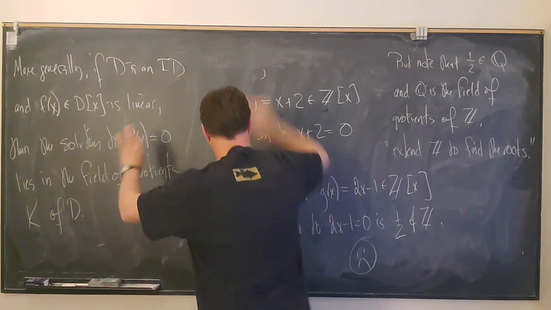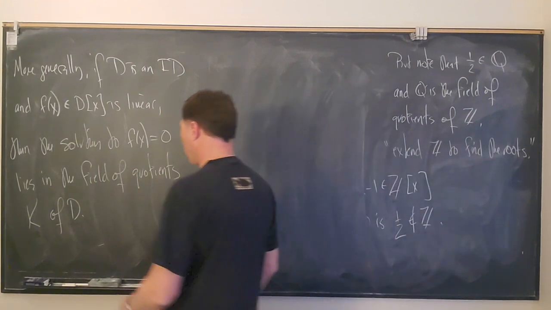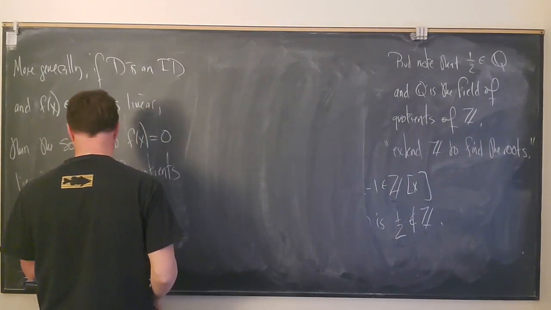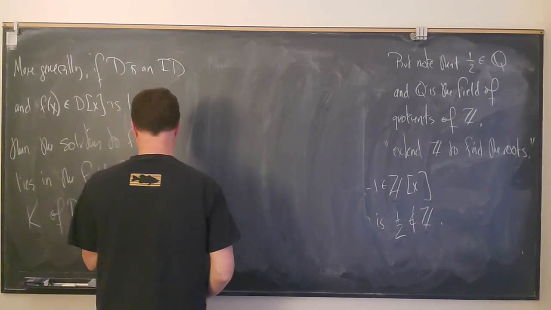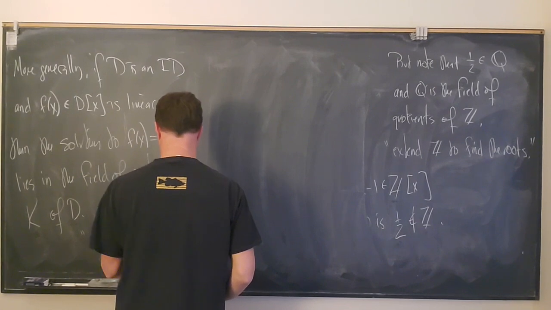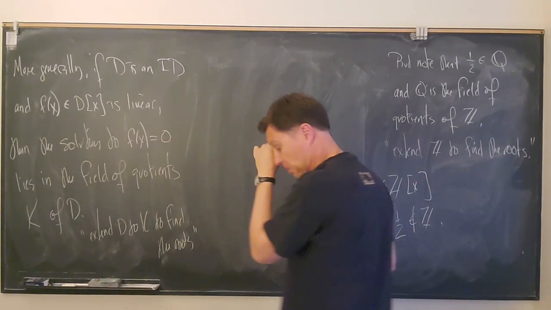But once again, let me put this in quotes before I say this. What did we need to do? We have to extend D to K to find the roots.